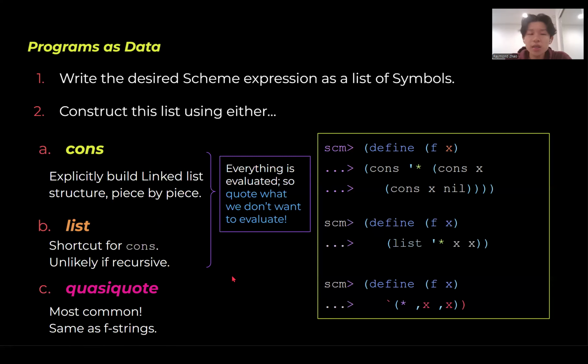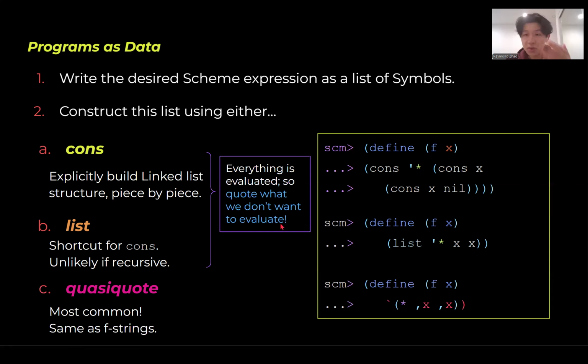The big idea here is that cons and list are both procedures. And when you call a procedure, the operands are going to get evaluated, right? So because of that inherent behavior of the language in which all the operands get evaluated, I have to quote what we don't want to evaluate.